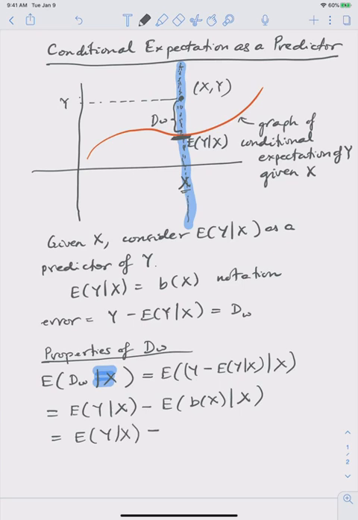And so that expectation is just itself, which is B(X) minus B(X). No big surprise, if you treat that vertical strip as its own little distribution, that is the conditional distribution of Y given X, then deviations from expectation average out to 0, just as any deviations from expectation do.